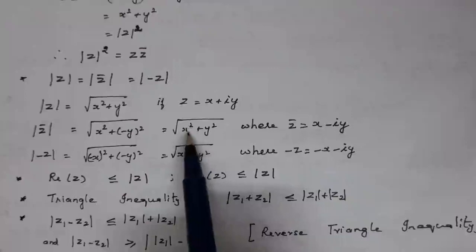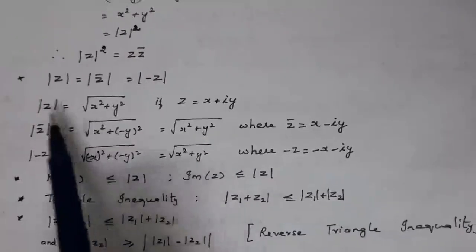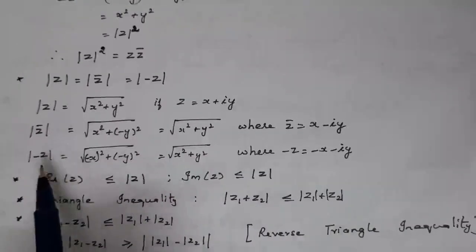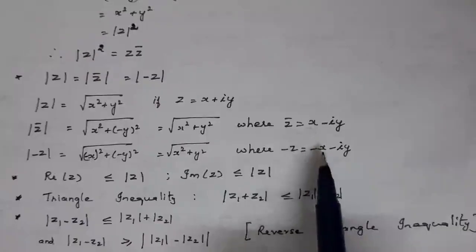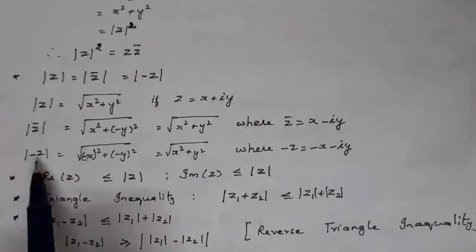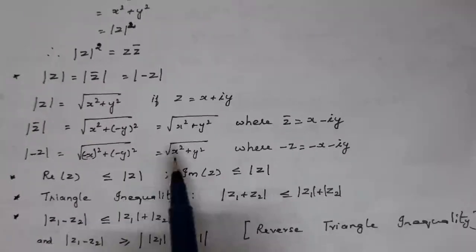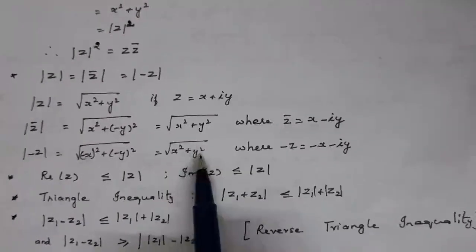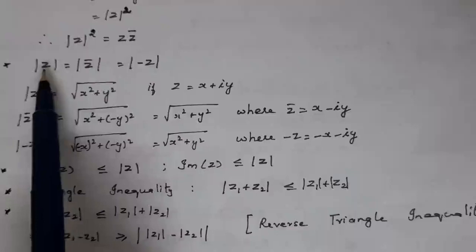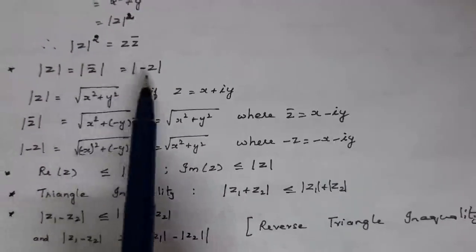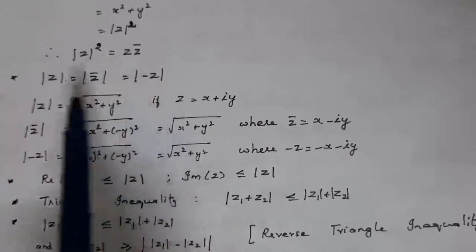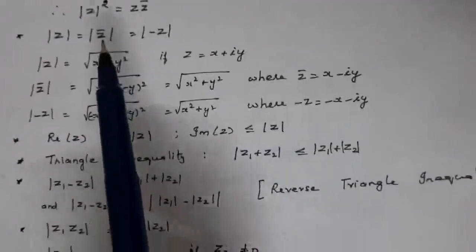On squaring, again it will become x squared plus y squared. That is nothing but modulus of z. And similarly, minus z will be minus x minus iy. So, what would be modulus of minus z? Root of minus x the whole squared and minus y the whole squared. Again, x squared plus y squared, that is nothing but modulus of z. So, modulus of z, modulus of z bar and modulus of minus z would be the same. There won't be any change in the modulus.